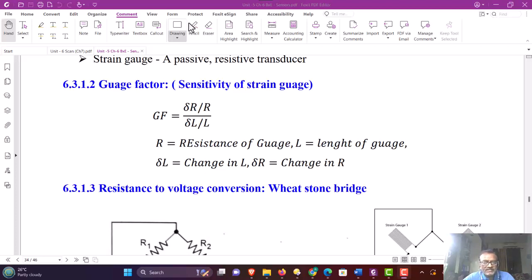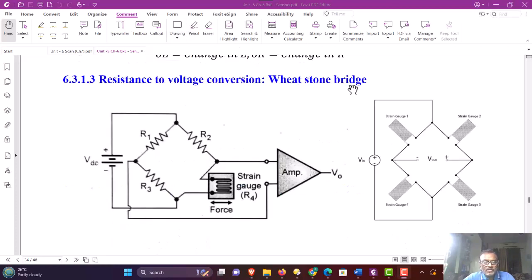Delta L is a change in length of the gauge due to applied strain, and delta R is a corresponding change in resistance.